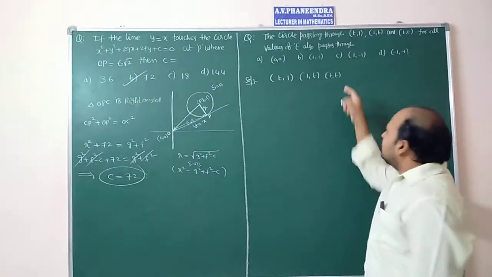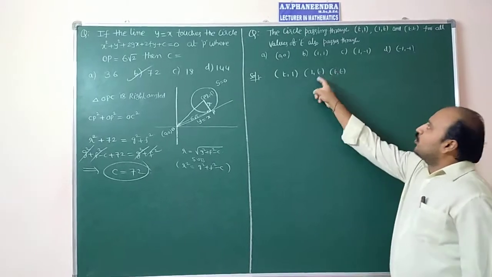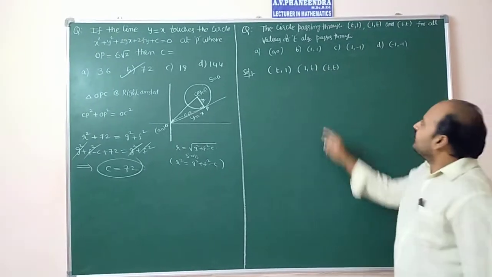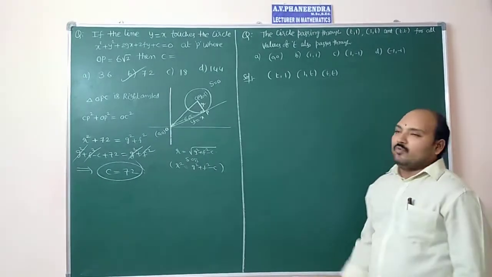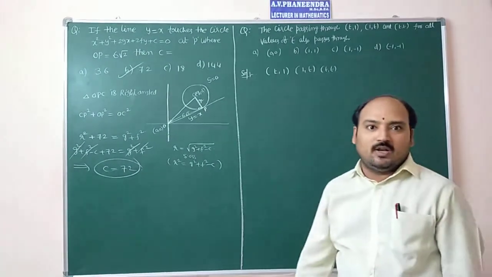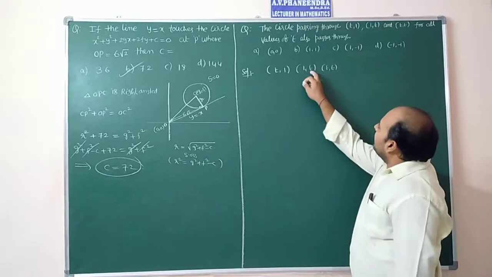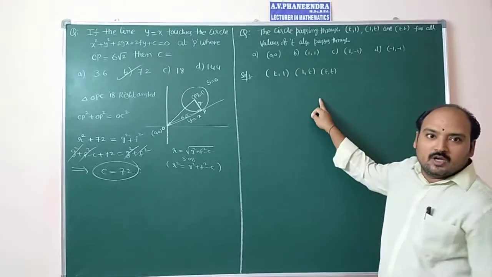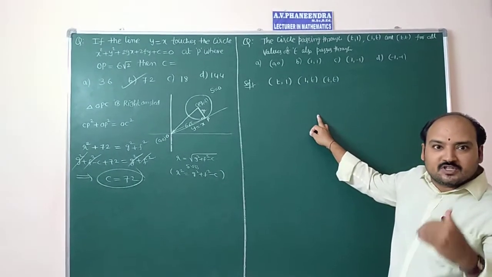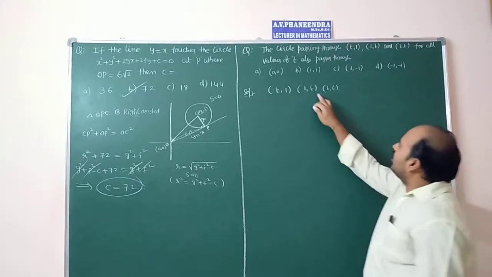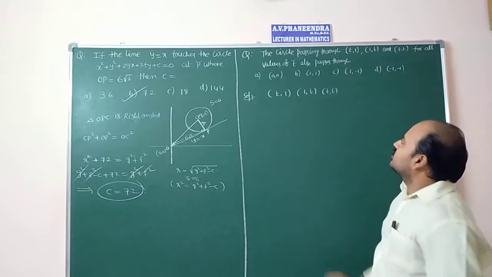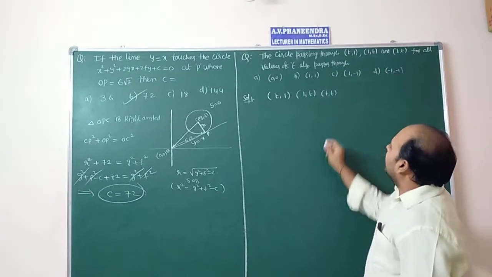Among these points, in these 2 points, y coordinates are equal. Whenever y coordinates are equal, those 2 points form a parallel line. Y coordinates are equal. So 1 comma t and t comma t.